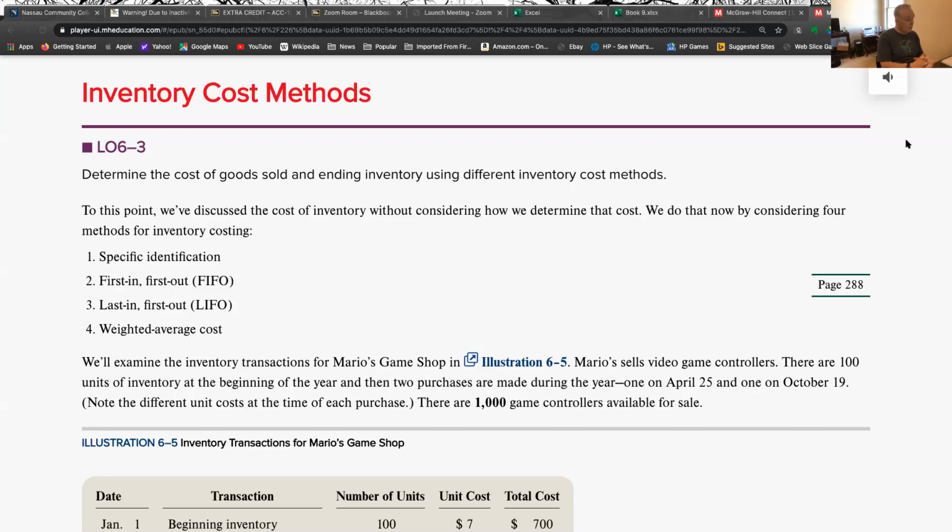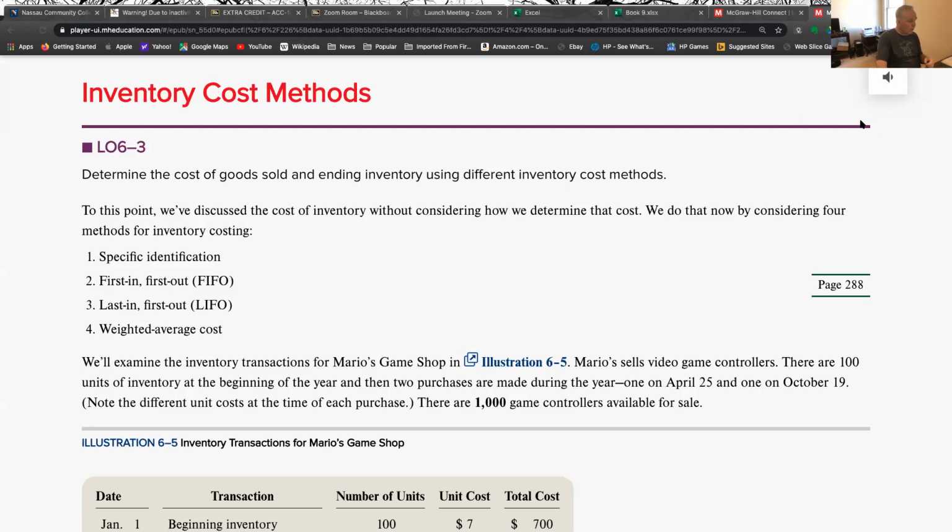So my ending inventory would consist of those 30 desks. Okay, well, what's the dollar amount for those 30 desks? How much did I pay for those 30 desks? Well, it's not that simple.